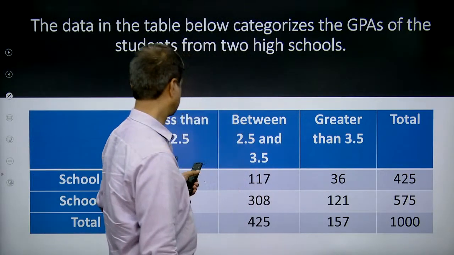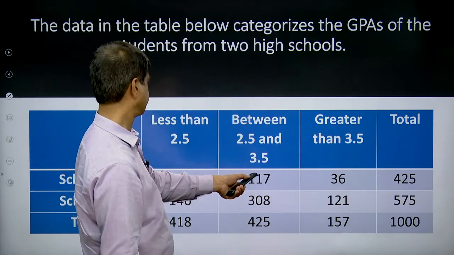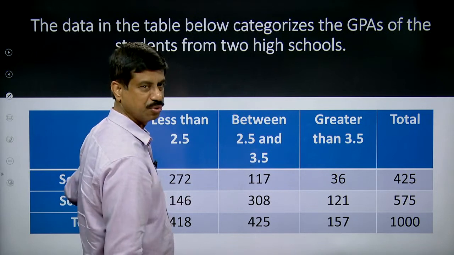So this is 2.5 and up, 117. Less than 2.5 we should remove.